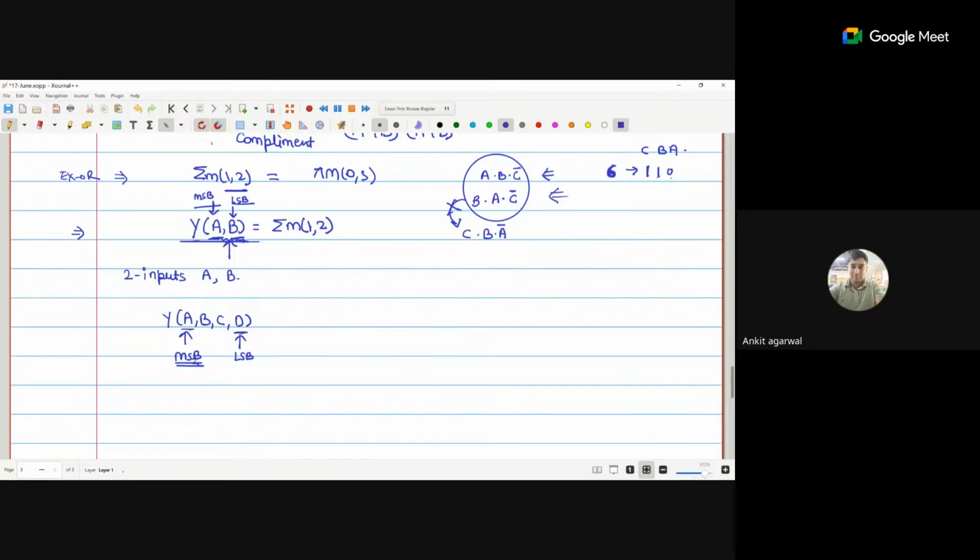So don't be confused with that, because in the GATE examination, it is never mentioned which is the MSB and which is the LSB. Only the representation is like that: sigma m(0,3,4,6), for example. It is only understood that A is the MSB part and D is the LSB part.